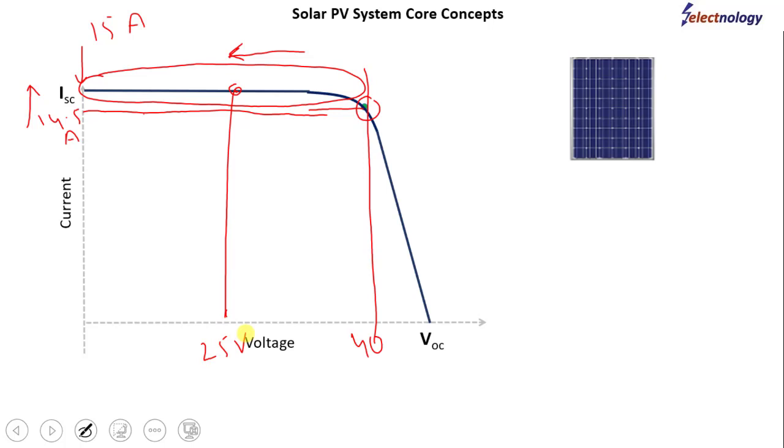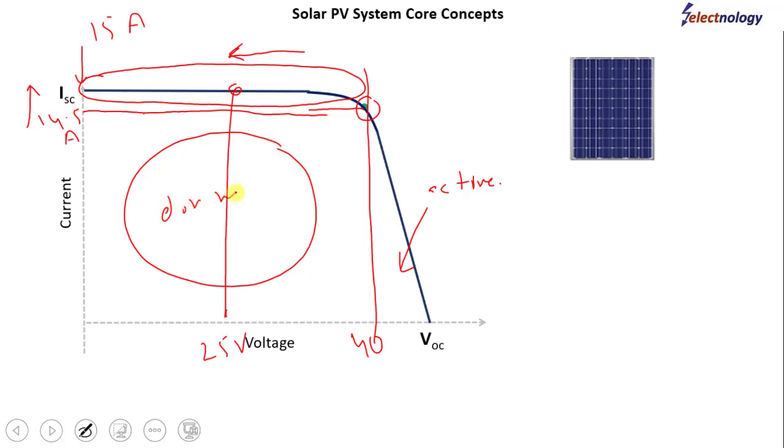So in this graph, the relationship between voltage and current can be divided into two portions. This portion you can say is the more active or dominant portion, while this portion is the dormant portion, where the relationship between voltage and current is not a direct or reverse relationship.